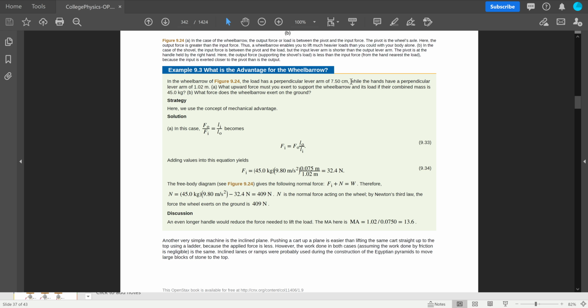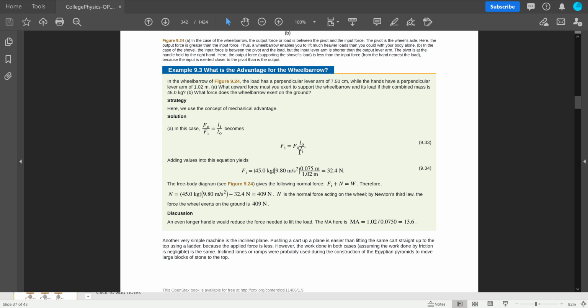So we have our length in and length out. We're trying to find for A, what upward force must you exert to support the wheelbarrow and its load if the combined mass is 45 kilograms? So we have Fo over Fi equals Li over Lo.